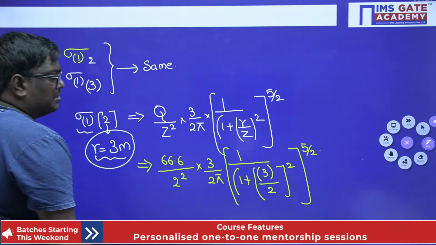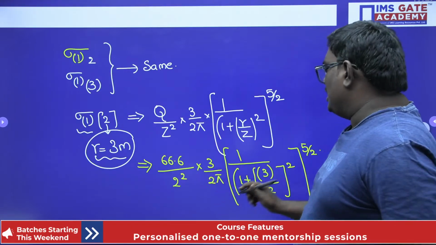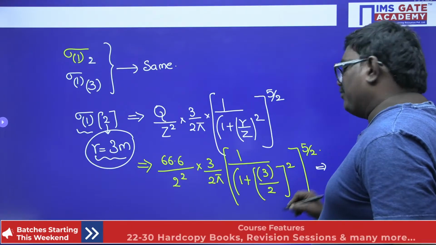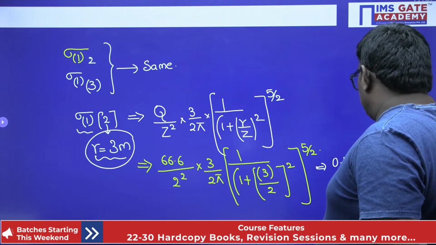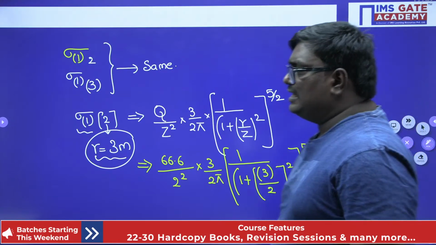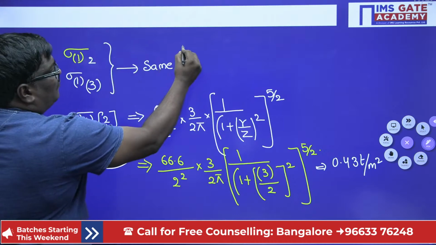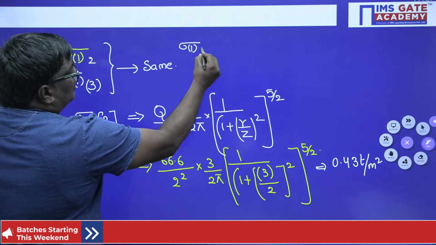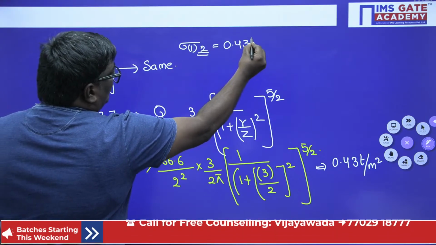Now, can you tell me what is this value? This value will be equal to roughly around 0.43 ton per meter square. Now, see students, please observe this. This value sigma 1 on column 1 due to load 2 is 0.43 ton per meter square.